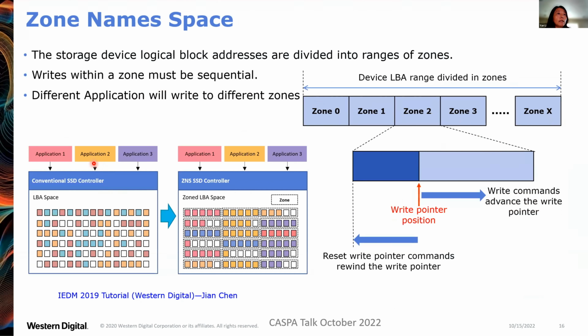You can see that originally, in the conventional SSD controller, you have application 1, 2, 3, and they are all mixed and matched. So when you retire one, you have lots of blocks that are very fragmented. If you use zoned namespace, you are more disciplined, writing the same application in the same block, so you can erase or retire them altogether.